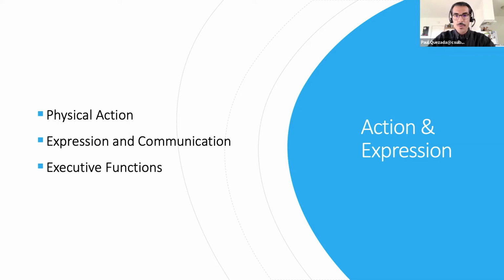And moving to the last point here, executive functions. This is the highest level of human capacity to act skillfully, the so-called executive functions. These are associated with networks that include the prefrontal cortex.